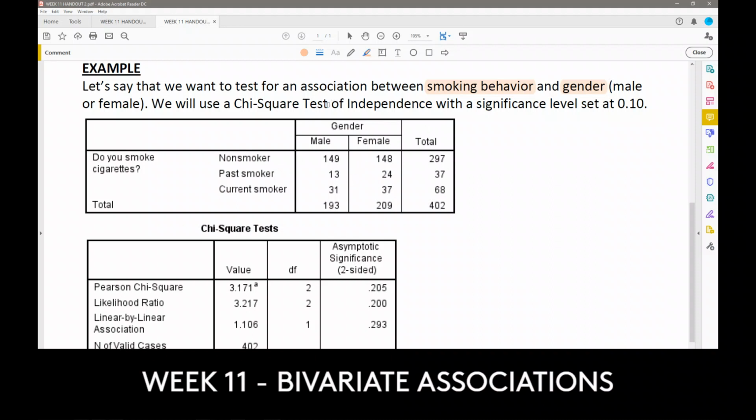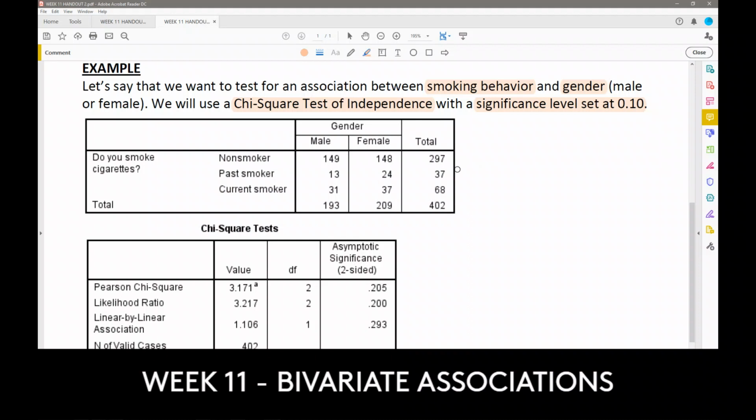When we run this crosstab, we are going to specify the chi-square test of independence, and I'll show you how to do this when we're covering the SPSS lecture. We will set a level of significance, the standard by which we want the test to pass. I usually set it at 0.10.